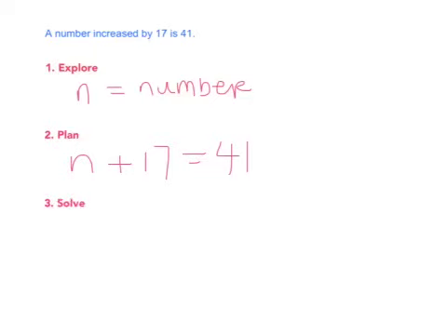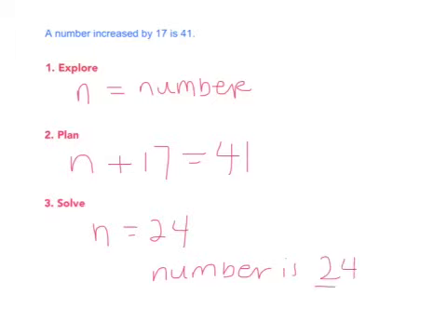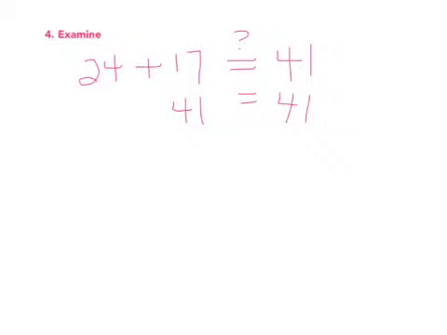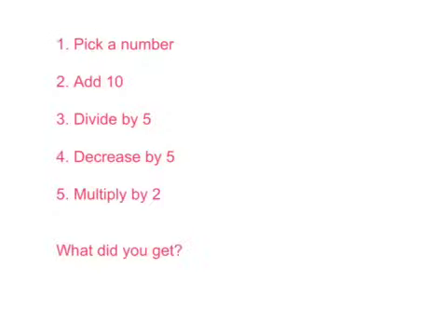In solving our solution, we find that n equals 24, so our number is 24. To examine our solution, we can ask ourselves, does 24 increased by 17 equal 41? So yes, 41 does equal 41, so our solution is correct.